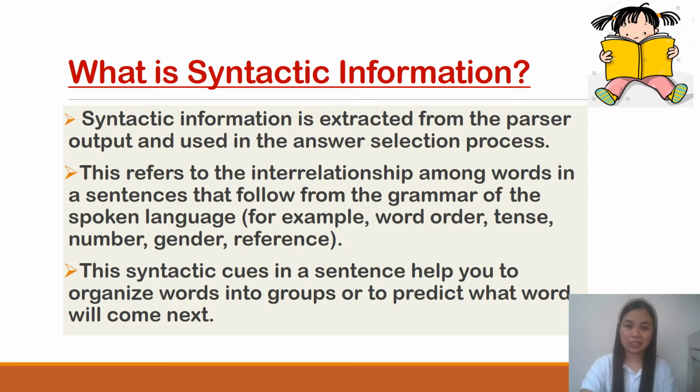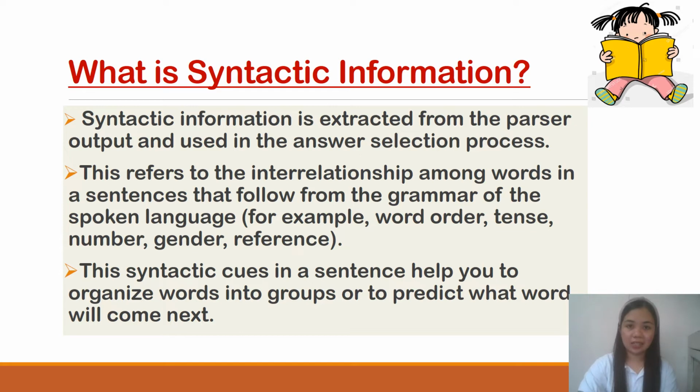So let us first define what is syntactic information. When we hear the word syntactic, it means the structure, like does it sound right? Syntactic information is extracted from the parser output and used in the answer selection process.